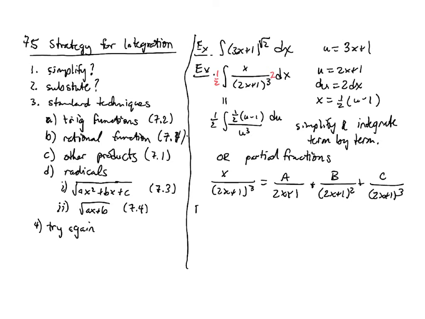Okay. Next example is the antiderivative of t times sine t times cosine t dt. Now, if you're a normal person, you look at that and you say, well, that can't really be simplified.